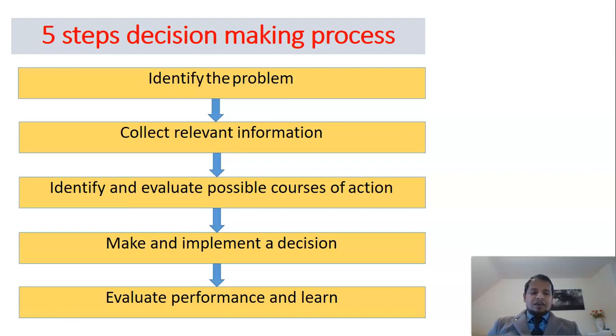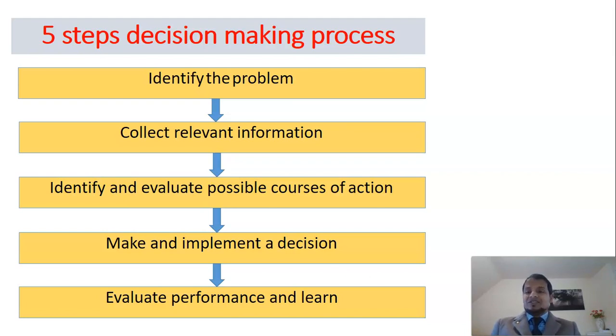So decision making, what is decision making? Decision making obviously is something that we decide, that we set for the future. Whether we should do or shouldn't do anything in future, that is a decision.